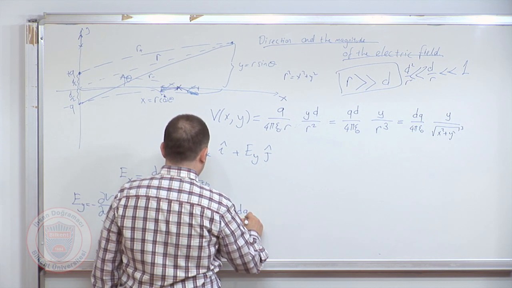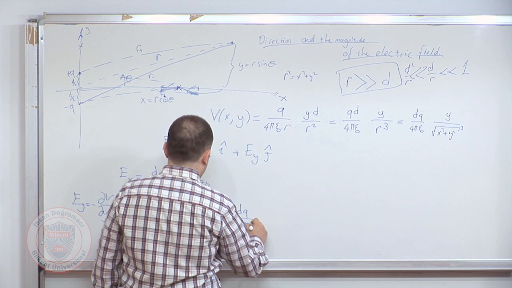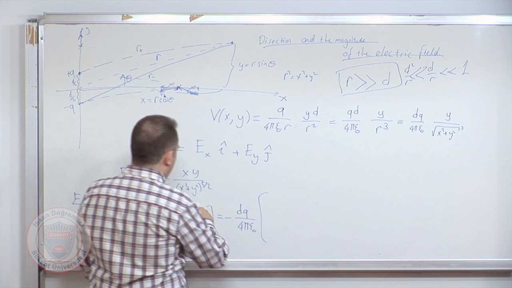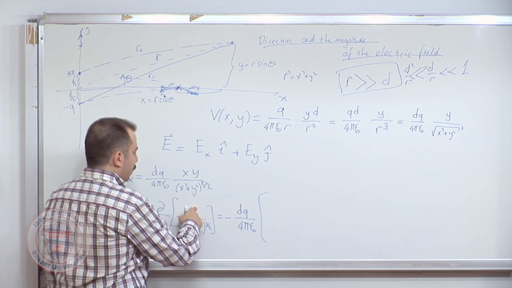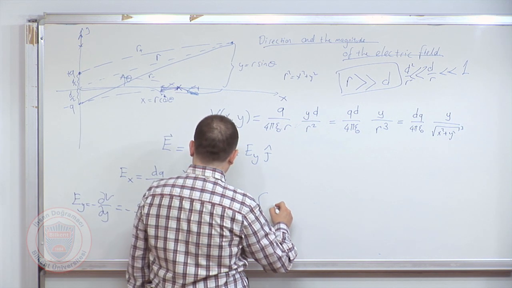Minus the constants. Now, derivative of the numerator is 1.